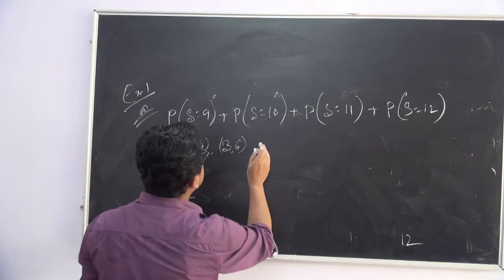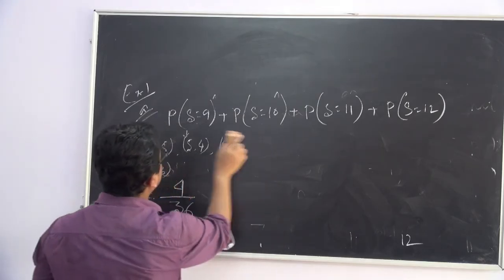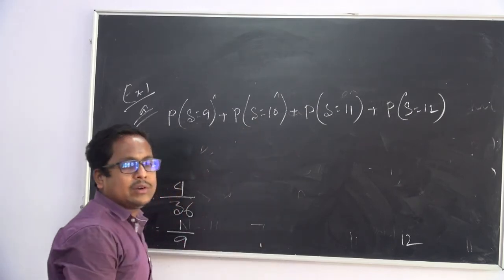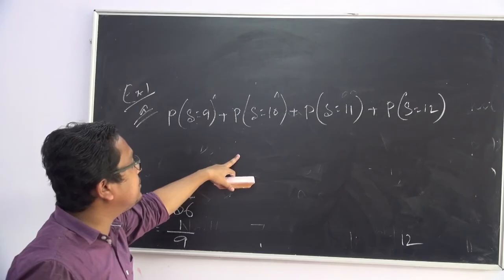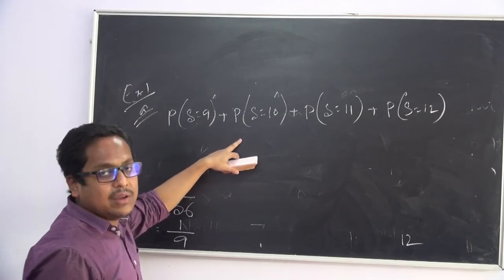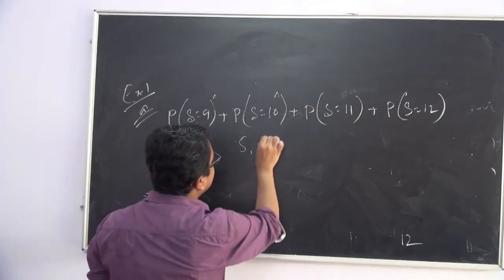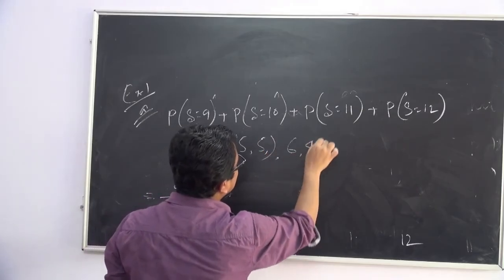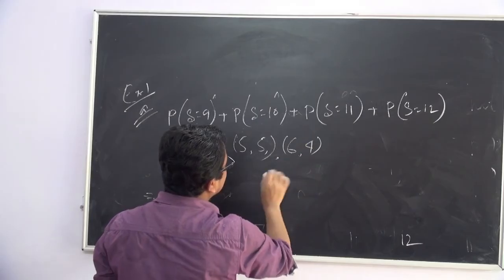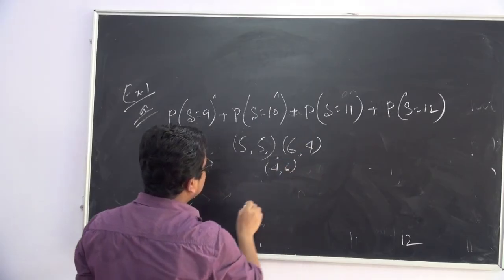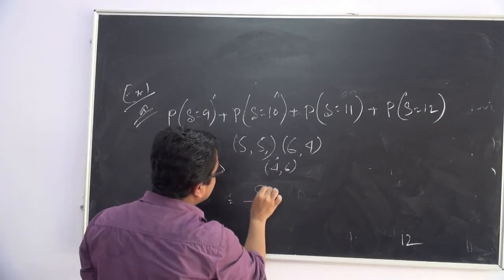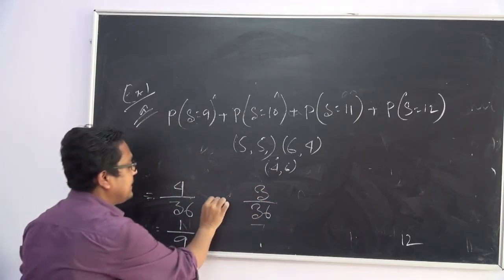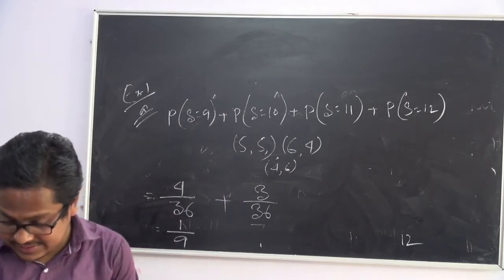Next is the probability of getting S is equal to 10. What are the favorable cases for getting S is equal to 10? This may be 5 5, 6 4, or 4 6. That means I can say 3 by 36.